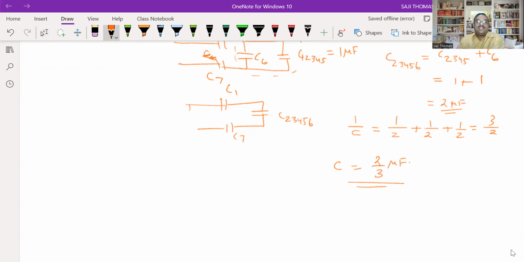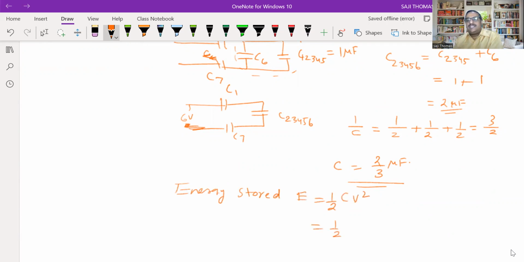This combination is connected to a 6 volt battery. Now we can find the energy stored. Half CV squared, you know the equation for energy stored.